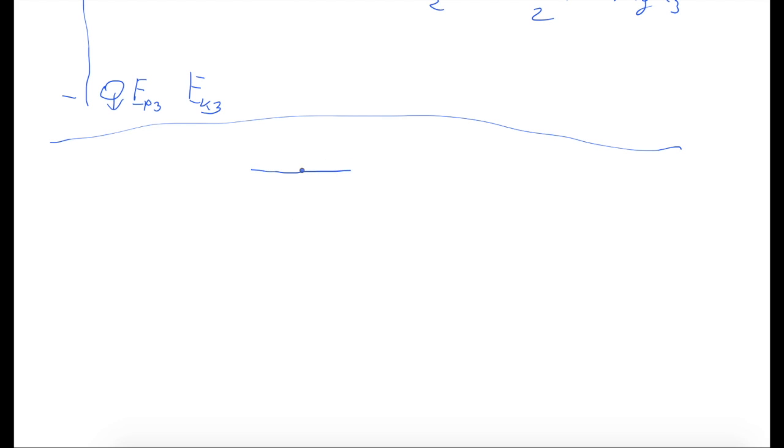So pendulum is suspended from somewhere, and this is the line of the pendulum when it's at rest, when it's just hanging. So this would be the line, but the pendulum swings from some position over here.